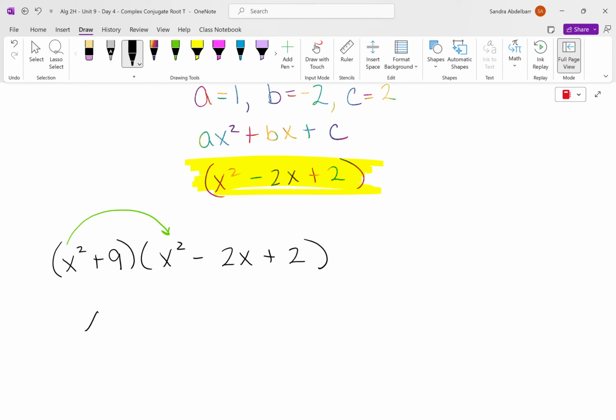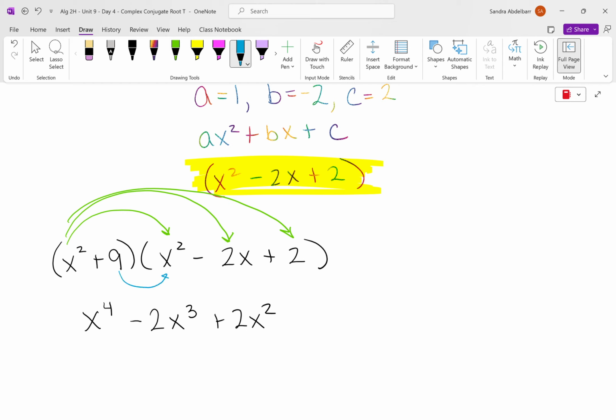X squared times x squared is x to the 4th. X squared times negative 2x is a negative 2x to the 3rd. X squared times positive 2 is a positive 2x squared. 9 times x squared is a positive 9x squared. 9 times a negative 2x is a negative 18x, and 9 times 2 is a positive 18.